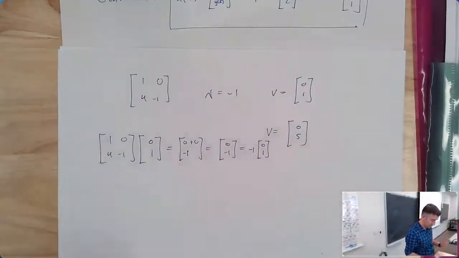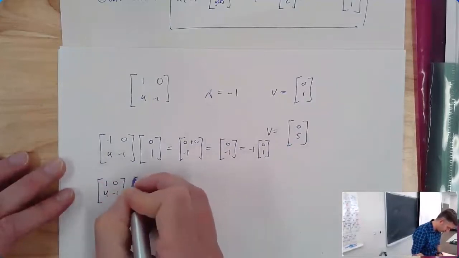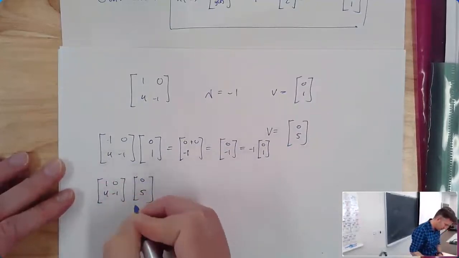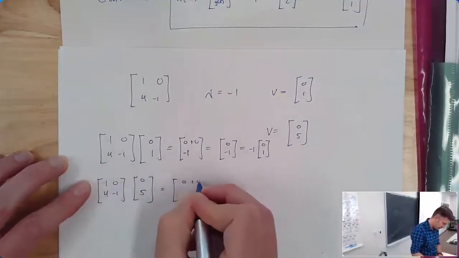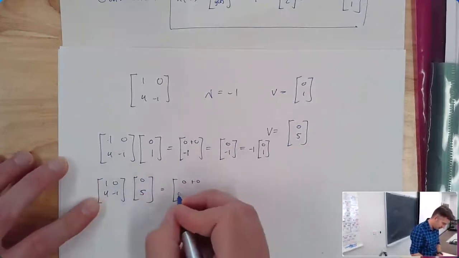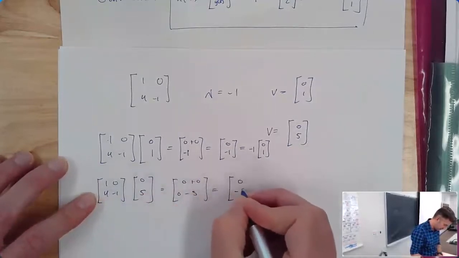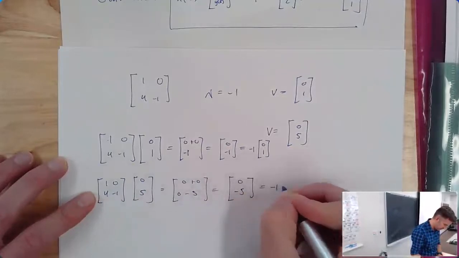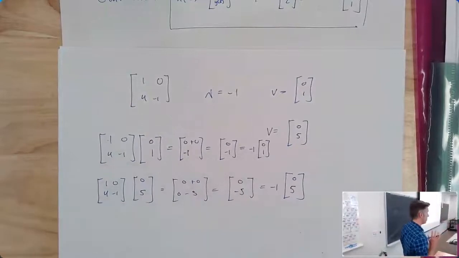Now let's try someone else's eigenvector, a multiple of the original. 1 times 0 plus 0 times 5 is 0 plus 0, and 4 times 0 plus -1 times 5 is 0 plus -5. That's equal to the vector 0, -5, which is certainly -1 times the vector that we started with. They're both eigenvectors, and any other non-zero multiple of that vector would also be an eigenvector.